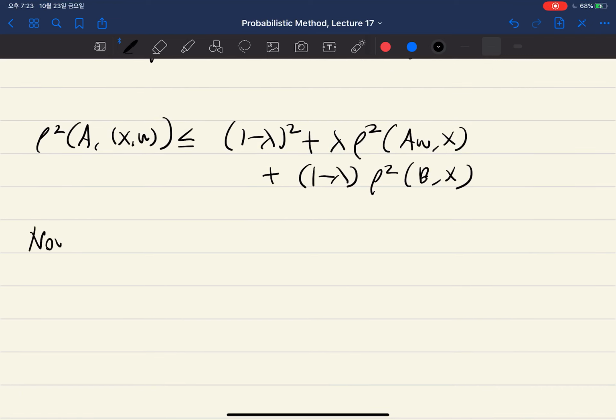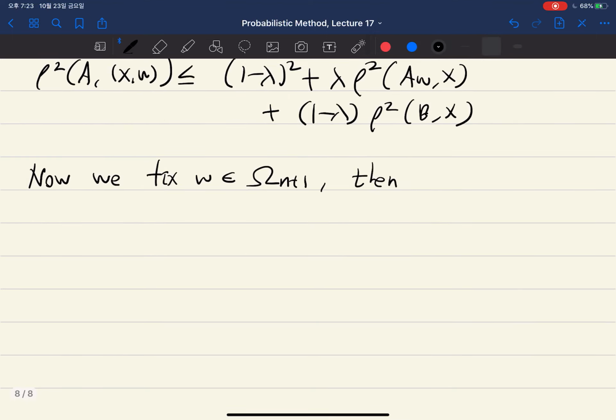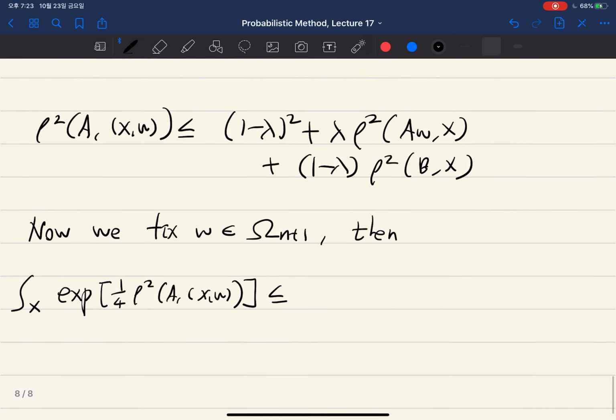So now what we do is we first fix W in the last coordinate. Then if we take the integral over x for fixed W, this can be upper bounded by using this.